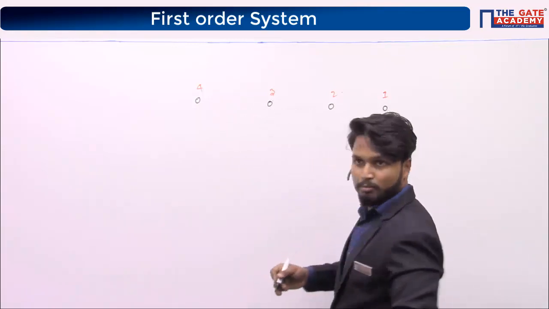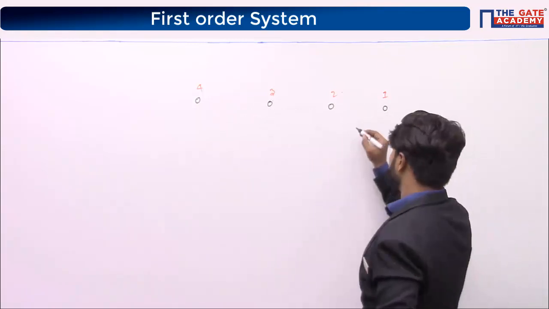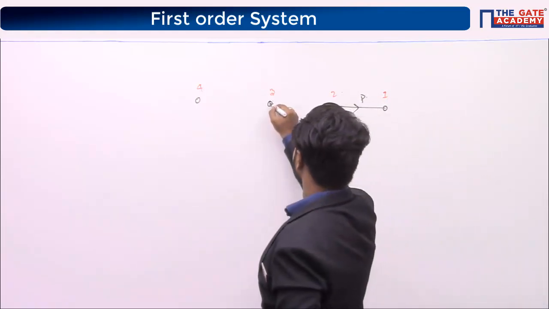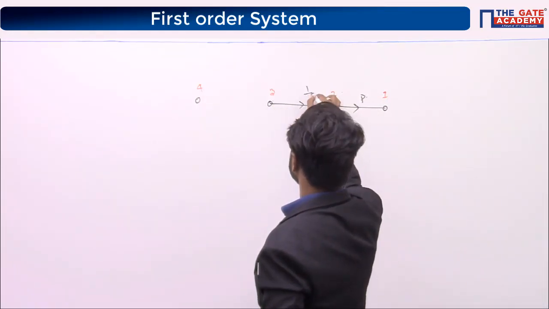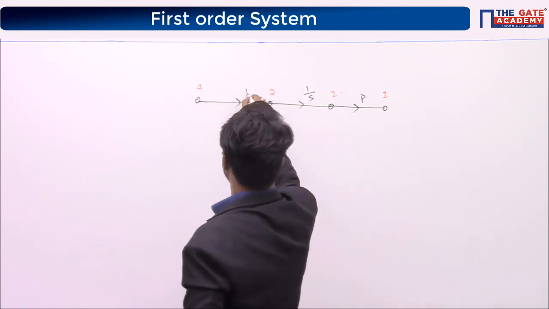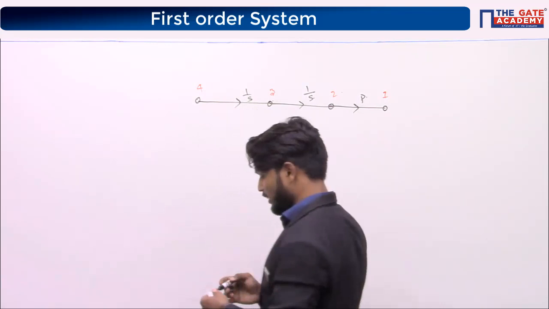Between 1 and 2, we have P. Between 2 and 3, we have 1 by S. Between 3 and 4 also we have 1 by S, right?